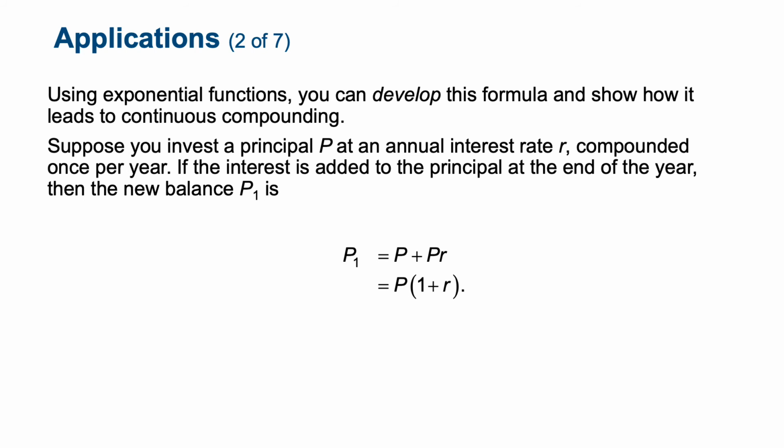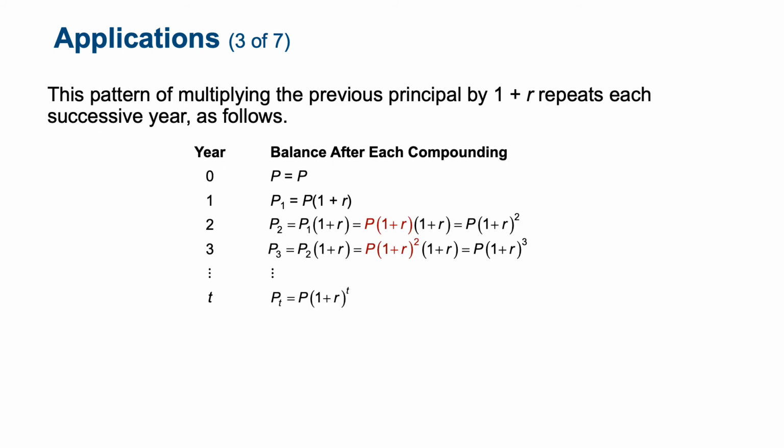Using the exponential function, we can develop this formula and show how it leads to continuous compounding. Suppose we invest the principal P at an annual rate r, compounded once per year. If that interest is added to the principal at the end of the year, then you have this new balance: P times the quantity 1 plus r, because you have the original plus the interest of 1 year. So consider the following. For year 0, P0 is equal to P. For year 1, you have P times 1 plus r.